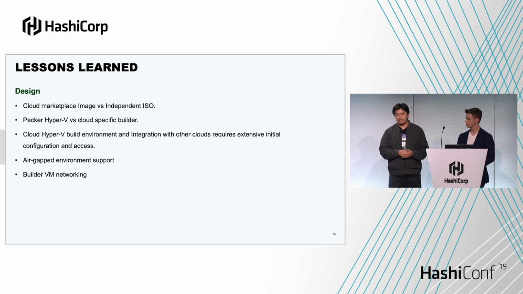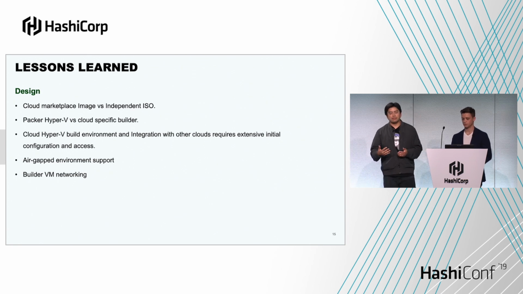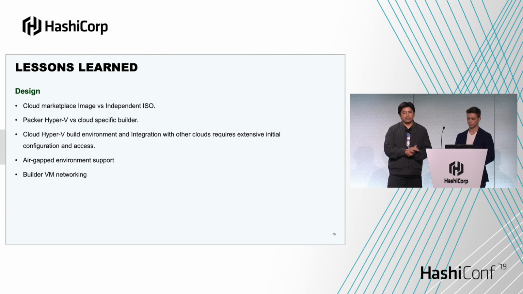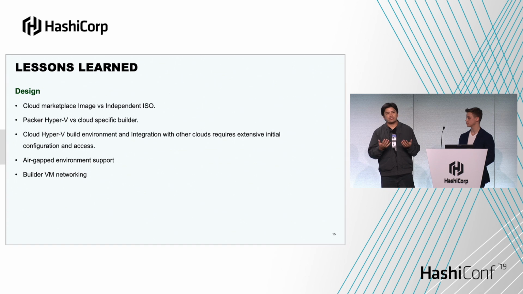So that was nice. And building this initial Hyper-V environment also took some time because we built it in Azure, Microsoft. But we should be able to do it anywhere. But the initial configuration, networking, NATing, all that configuration, requires some initial complexity that you need to do.